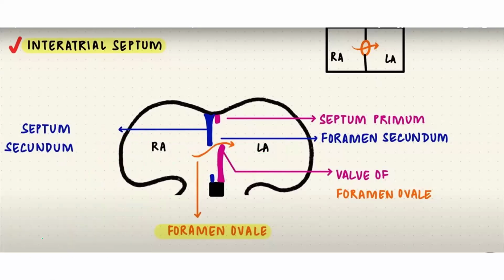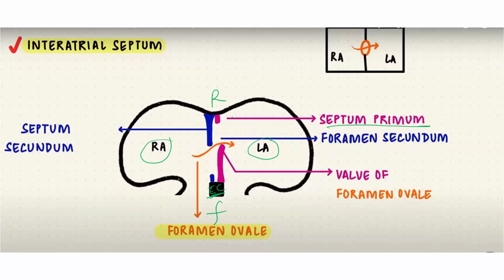Let me erase the ink again. So remember what you have said. You have a right atrium and a left atrium. Initially, it's just one atrium, but you need to partition it. So what happens initially is that the septum primum grows from the roof. This is the roof, this is the floor. At the floor, you have what is known as endocardial cushion. I'll tell you where the endocardial cushion comes from.